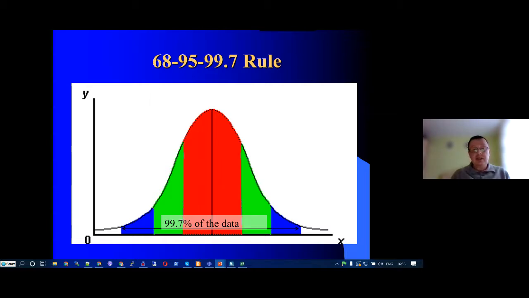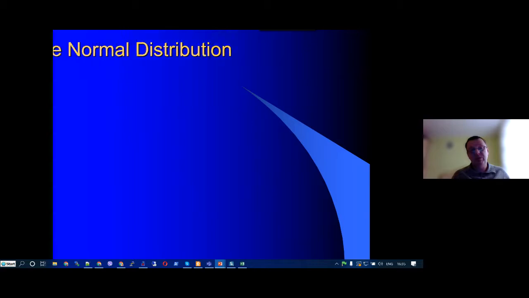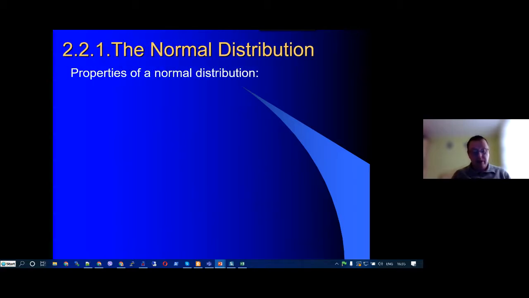And actually it's an approach which allows us to identify whether our data is similar to a normal distribution or not.